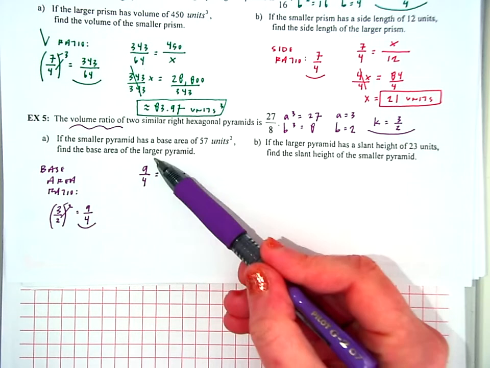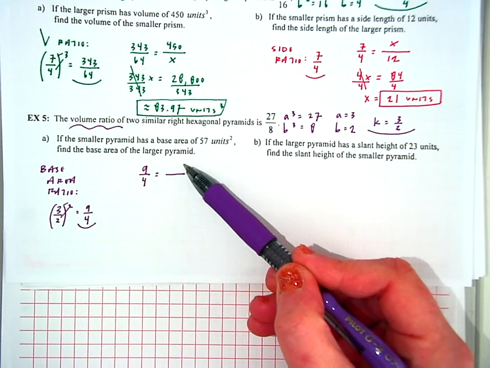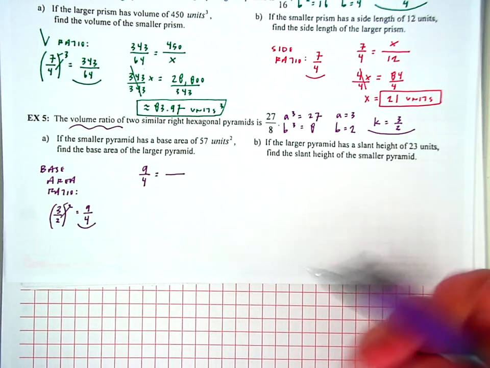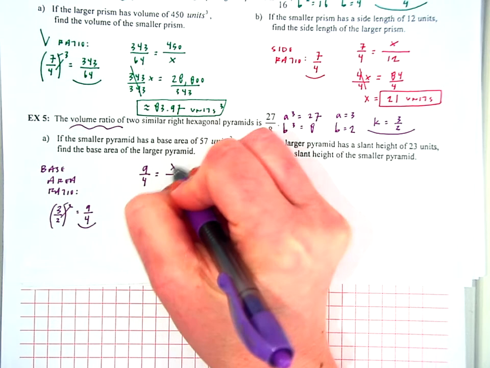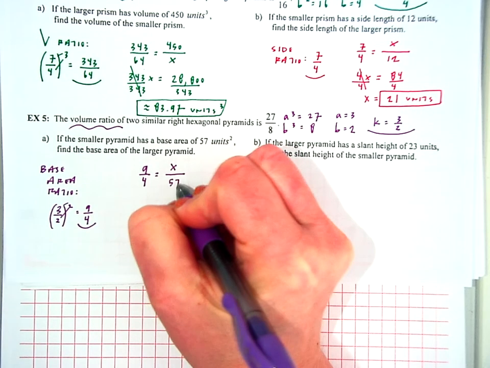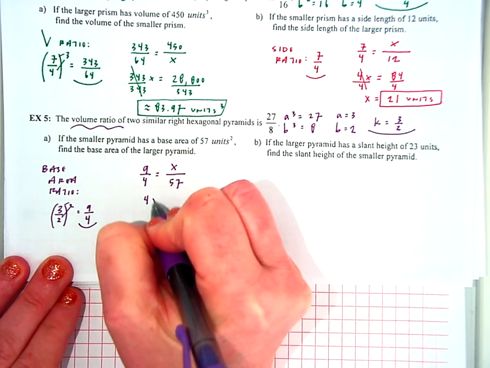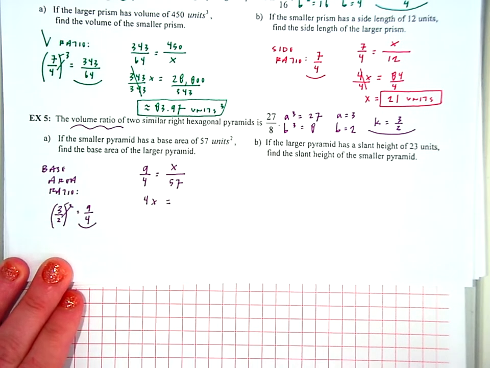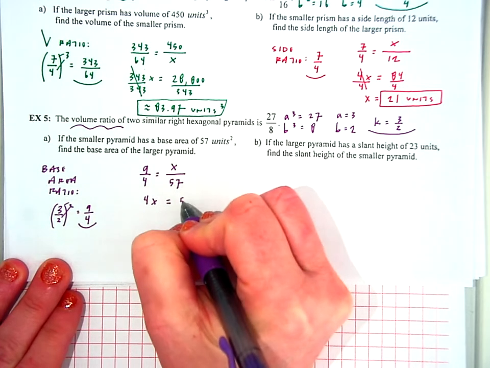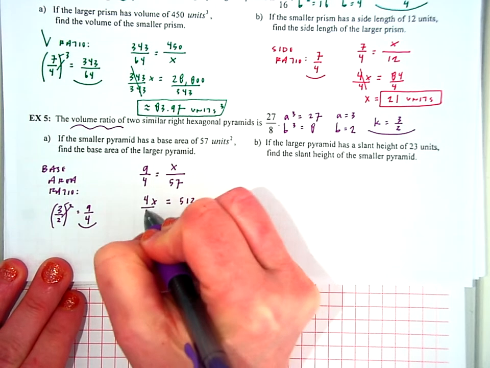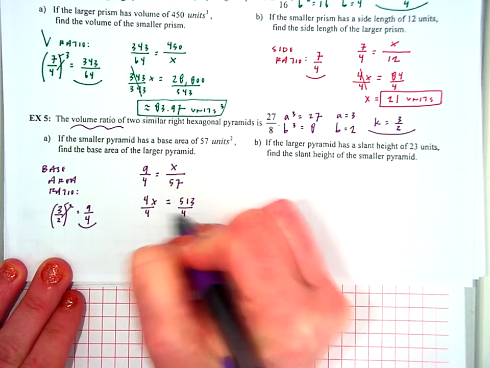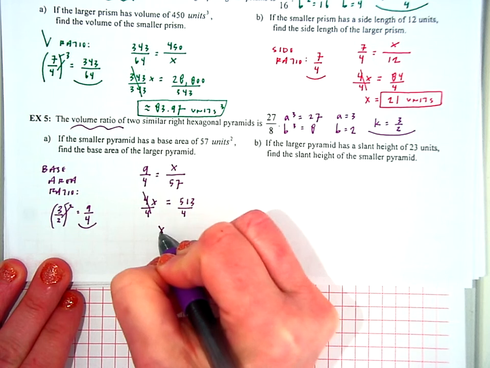Okay, so now I build my proportion. 9 is to 4 just as, the smaller pyramid has a base area of 57 square units. We want the base area of the larger pyramid. How it's stacked is large to small, so it has to be large to small over here as well. I don't know my large, and I do know my small, so it's x over 57.